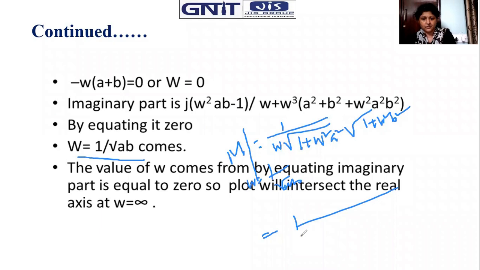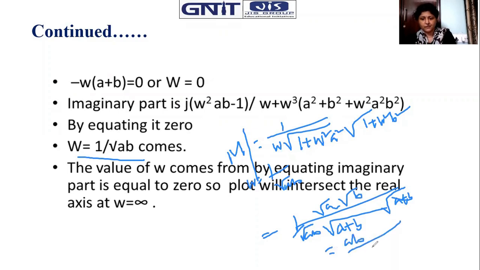That means 1 by root under AB equals root under 1 plus omega square A square, that will come as A plus B, that we did already, root under A, and that will be A plus B root under B. So root under AB comes in the numerator, and you are getting AB by A plus B. Okay, let's see.